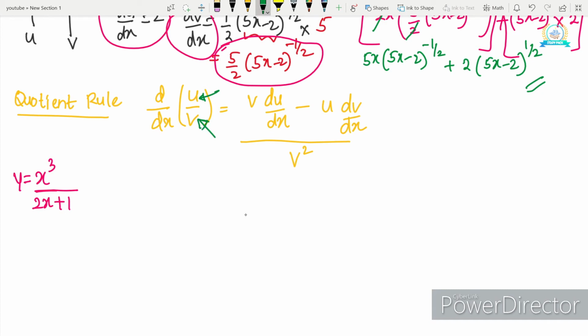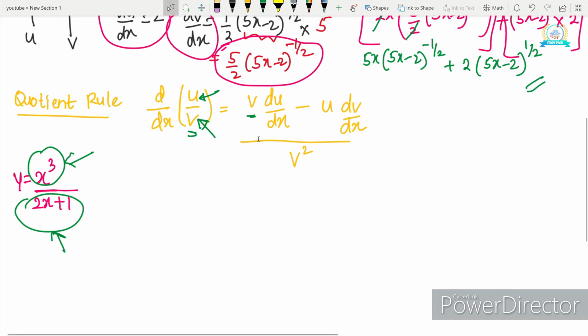So you have u and v, and here my u will be this and v will be this entire function. What you do is you write the function in the denominator, which is v, at the top, at the numerator first when you write the derivative, and then you multiply it with the derivative of the other function, which is u.